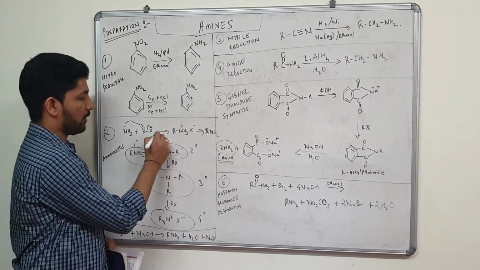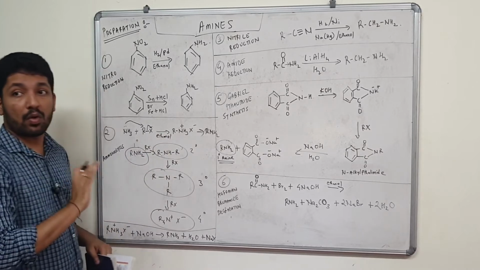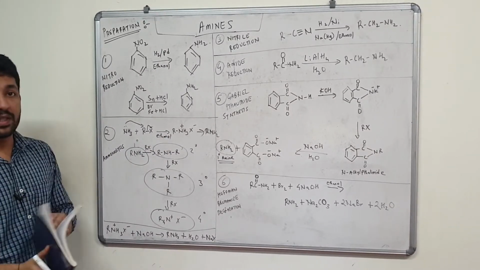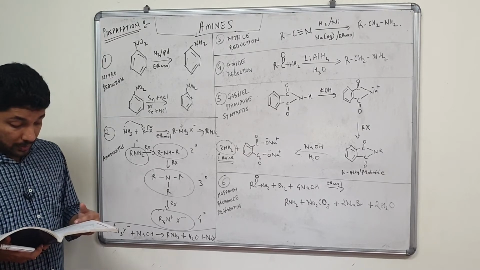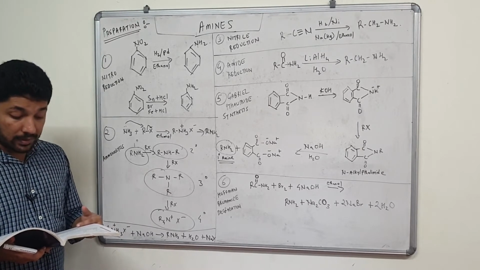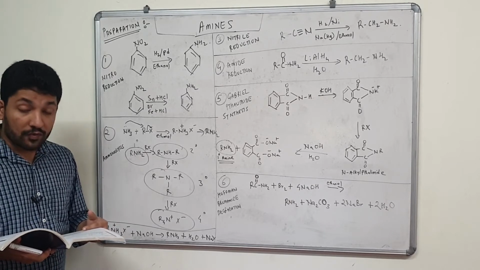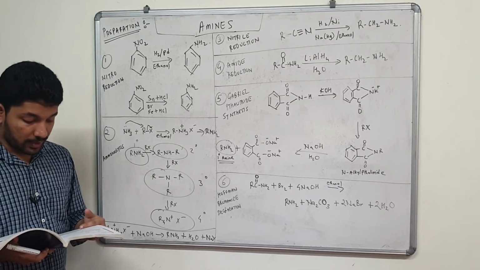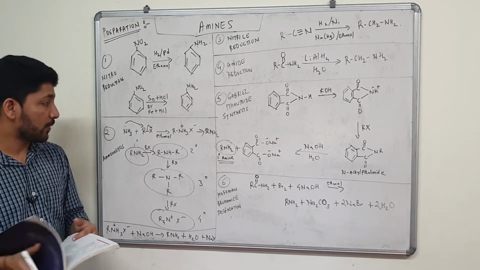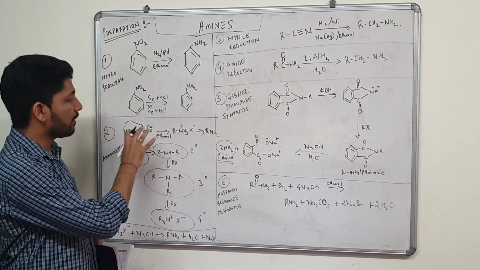We need not mention it over there, but you should know that everything happens in the presence of ethanol. So in the ethanolic solution of ammonia, the alkyl halide or benzyl halide reacts by a nucleophilic substitution reaction in which the halogen atom is replaced by the amino group. So every time the halogen is getting replaced by the amino group.